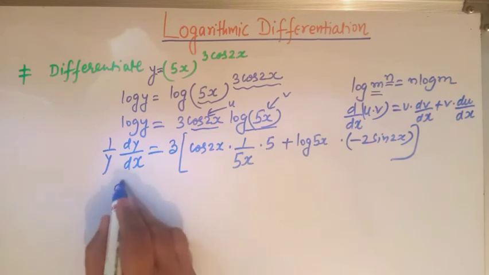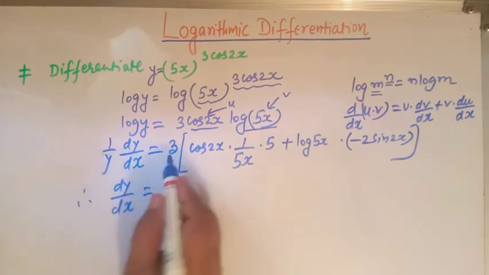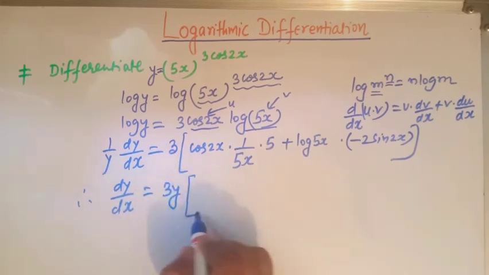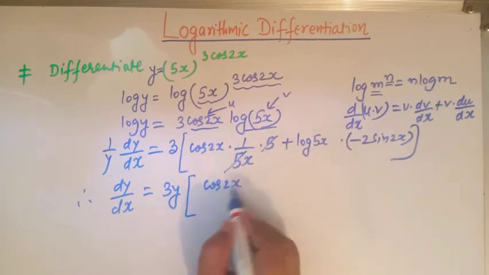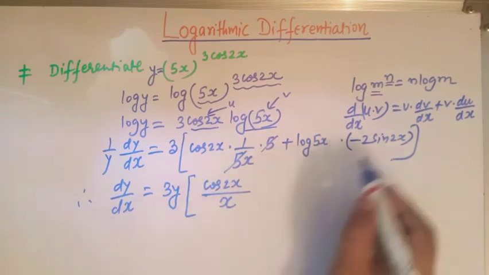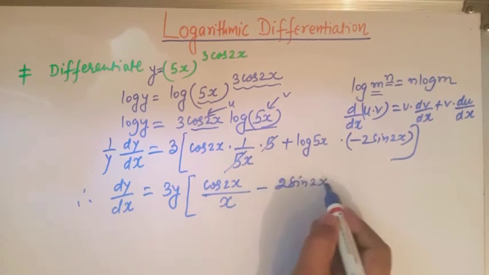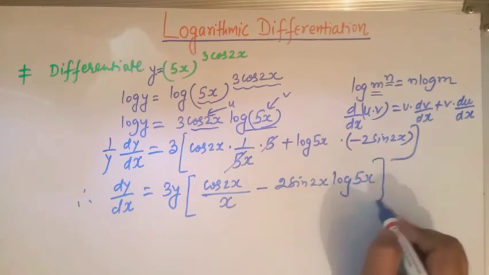Okay, so therefore dy over dx can be written as 3 times y. We take this y to this side, and here the 5 and 5 get cancelled, so we have 2 cos 2x over x, minus 2 sin 2x log 5x, right?